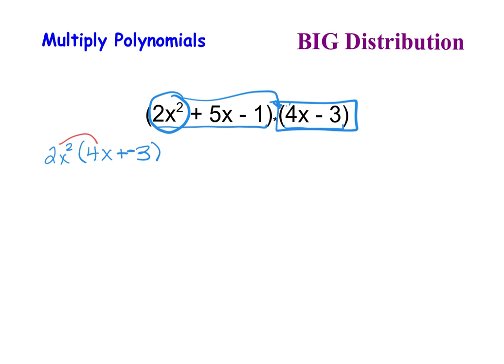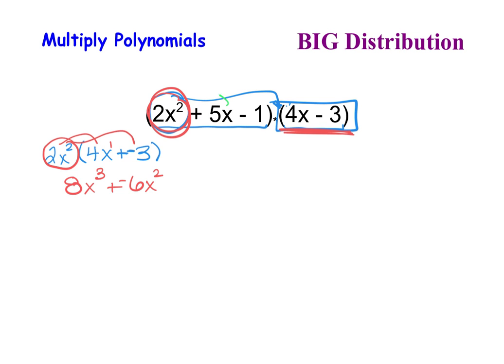So 2 times 4 gives us 8. And then x squared and x to the first added together give us x to the third. Then we take the 2x squared again and multiply it by the negative 3. So 2 times negative 3 is negative 6, or you can do plus negative 6. And then the x squared is by itself. So we've multiplied this first term by everything in this parenthesis.